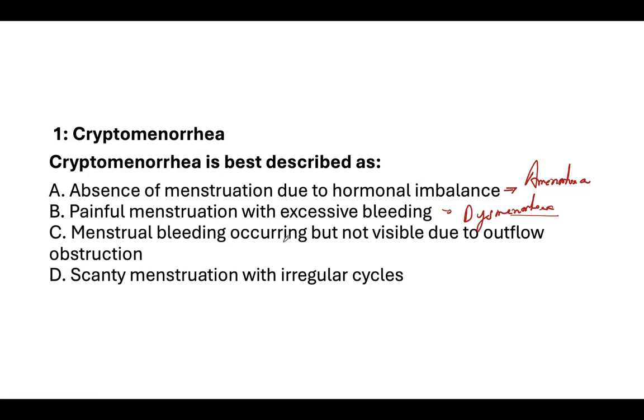Menstrual bleeding occurring but not visible due to the outflow tract. So what happened here? The uterine lining is forming. The menstruation is always there, but there is some problem in the outflow tract, and the bleeding does not come out. So what is the clinical sign of this?